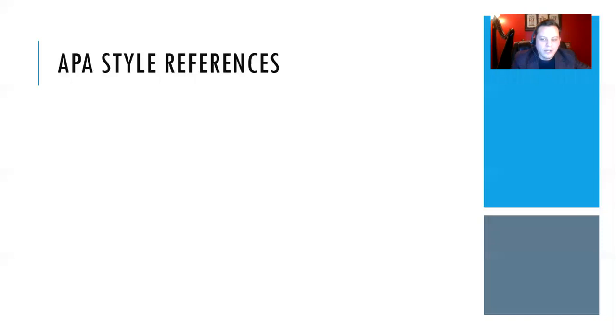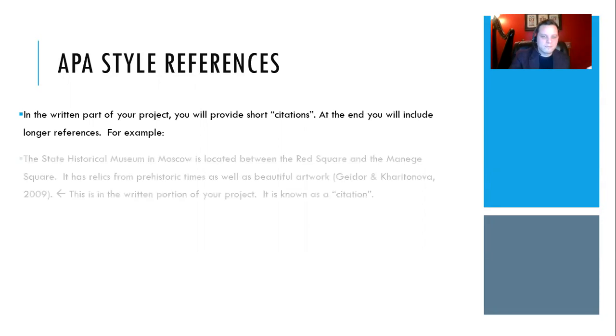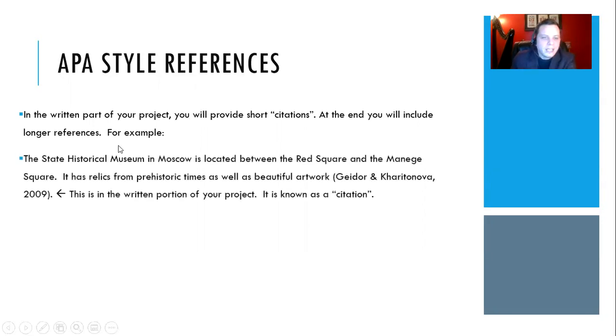Okay, now there is a specific way to provide these references. There's 2 things to take a look at. One is called a citation, one's called a reference. So this looks familiar to you. This is our paragraph about Moscow. The State Historical Museum in Moscow is located between the Red Square and the Manege Square, etc. Now, I said we got that from a website.